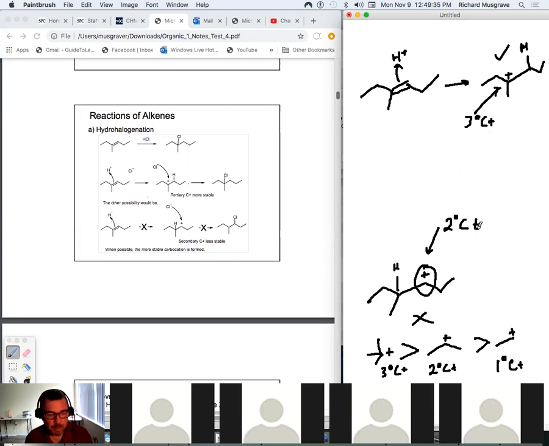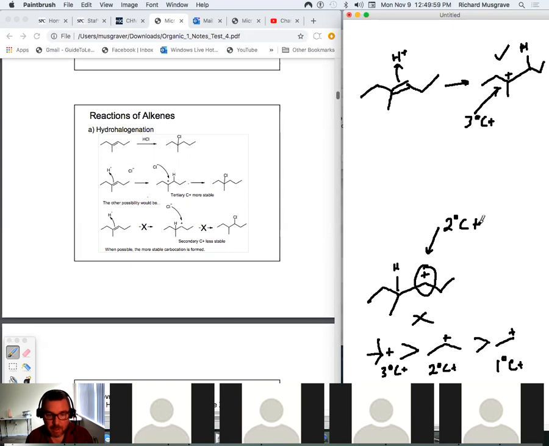I don't really want to go into why tertiary is more stable than secondary is more stable than primary. I'd like you to go back to test 2 to look at that, when we were talking about SN1, SN2 reactions and the stability of tertiary, secondary, and primary C+.